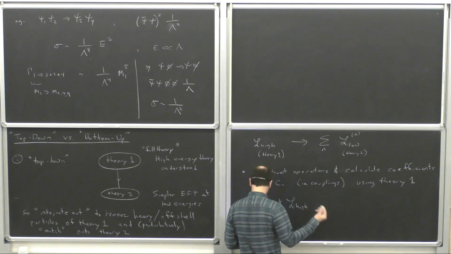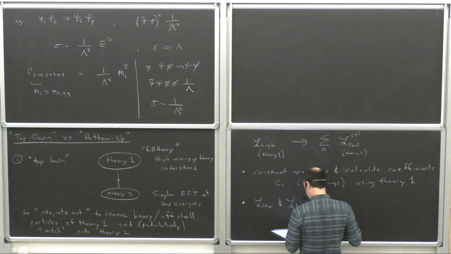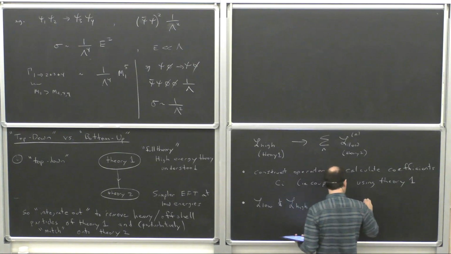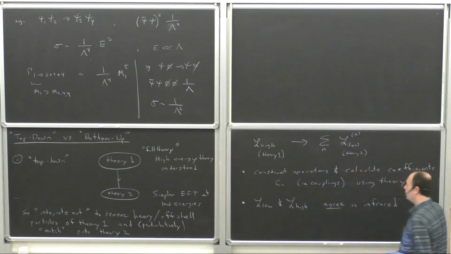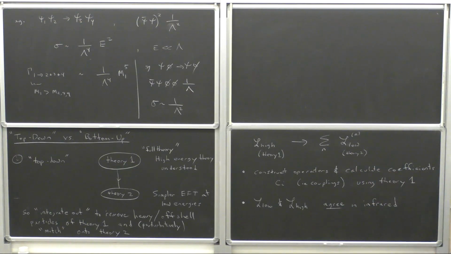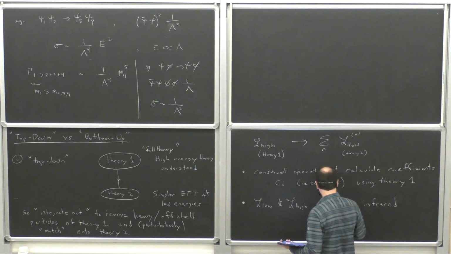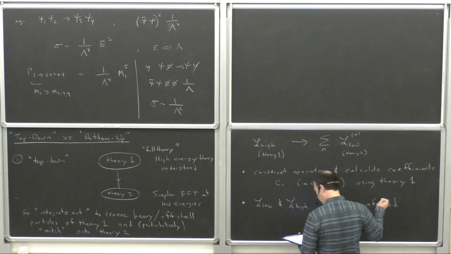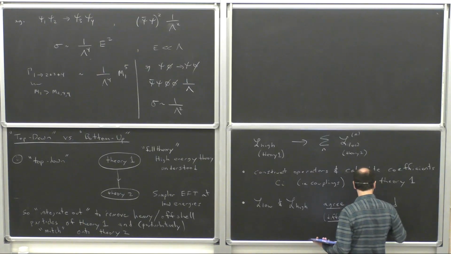The infrared physics is the physics of the fields in the effective field theory. That's the low energy physics. So we say that the two theories agree about the low energy dynamics.